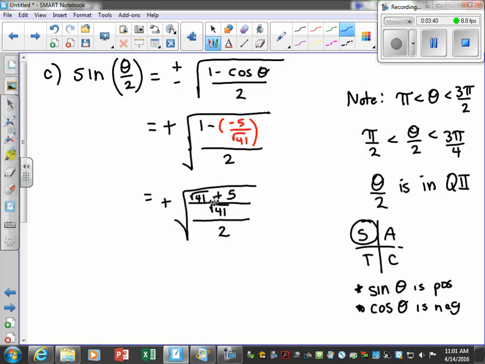Or we can rationalize this denominator first to see if we can get rid of these square roots. So you have an option there. You can either go on with your reciprocal, or you can rationalize. Let's go ahead and rationalize and see if we can make that numerator a little bit better. So to rationalize, I'll multiply by the square root of 41.